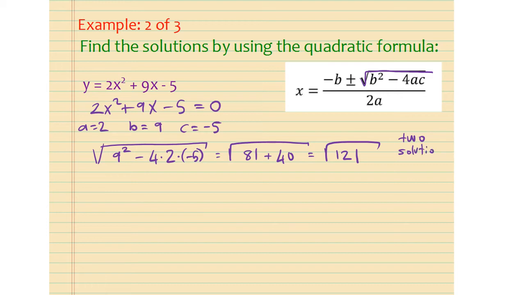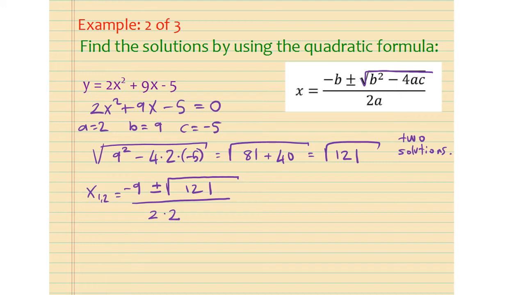Now let's find those two solutions. Our quadratic formula, x1 and 2 is equal to negative b, which is negative 9, plus or minus the square root of b squared minus 4ac, which we have already found as 121, all over 2a, 2 times a.